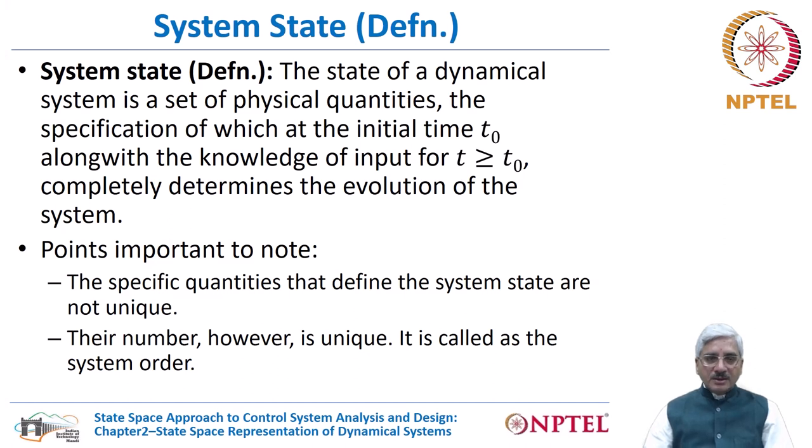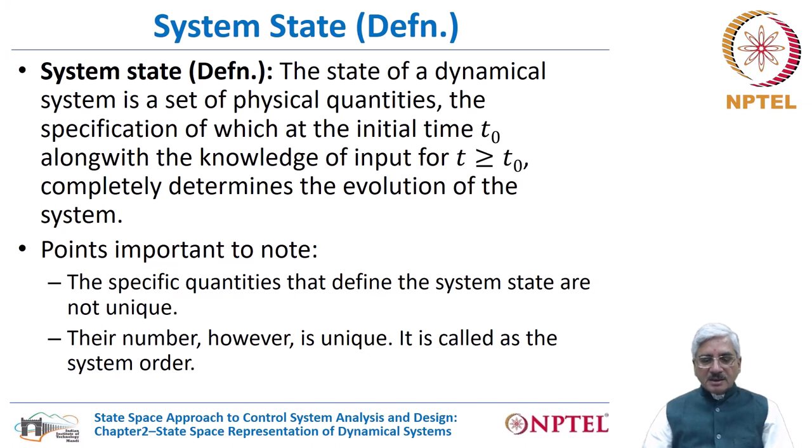Obviously, t0 is generally a time when the system is at a steady state, in most situations, but that is not necessary. t0 can be any arbitrary time. It can be the present time, or a time in the recent past, or a time in the long past. It is purely arbitrary.